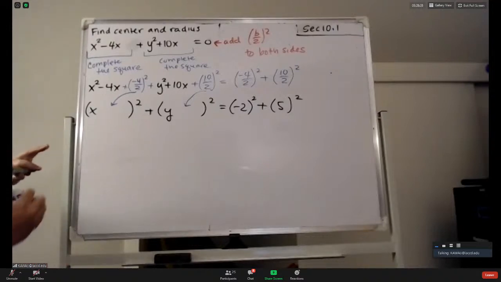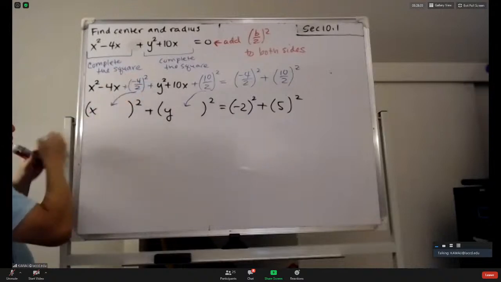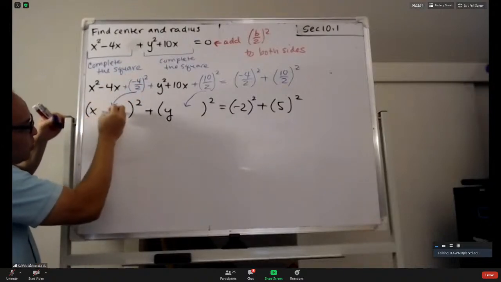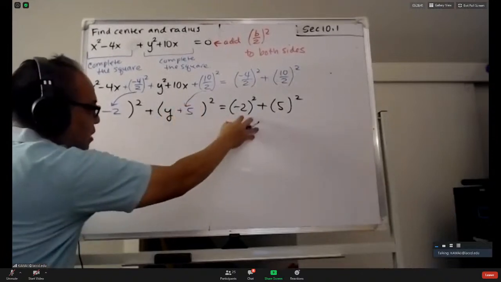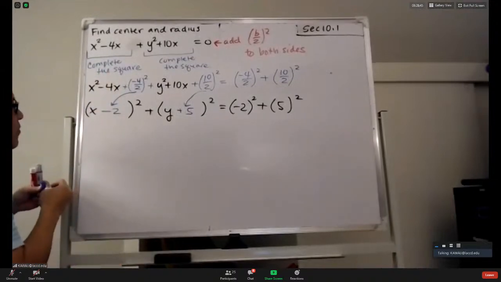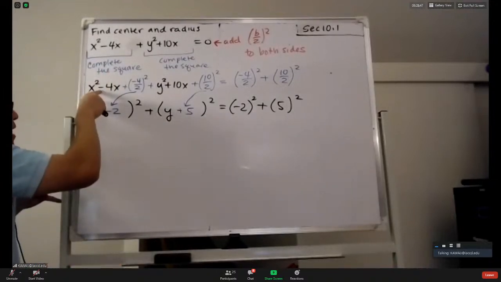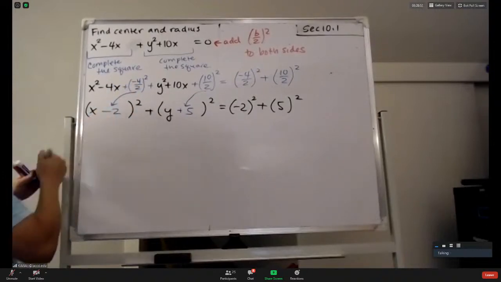Now, the reason why it's important that I keep the negative is that right here this will be negative. Over here it doesn't matter because when I square it, I'm always going to lose that negative. But you want to make sure that that's a negative because when I make this transition over here, this needs to be negative.